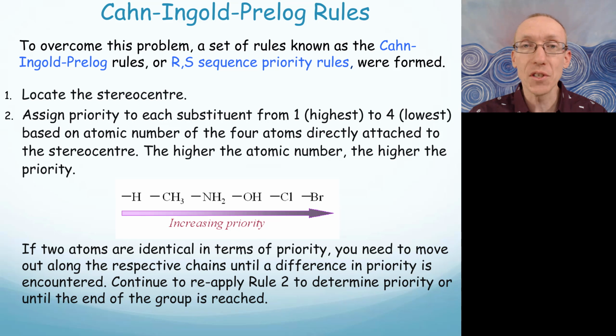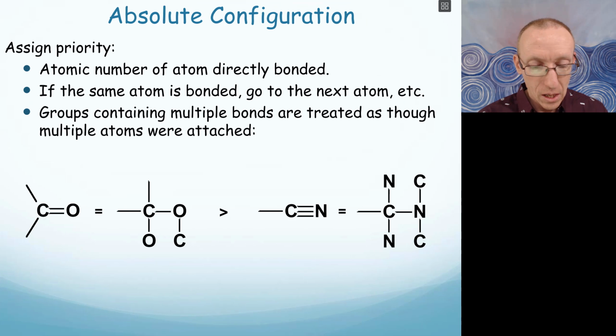If we find a point at which there's two atoms with identical atomic number and therefore identical priority, we go further out along the chain until we find the first point of difference between them and assign the priority that way. So the atomic number of the atom that is directly bonded is how we assign the priority. If the same atom is bonded, we go to the next atom and so on.